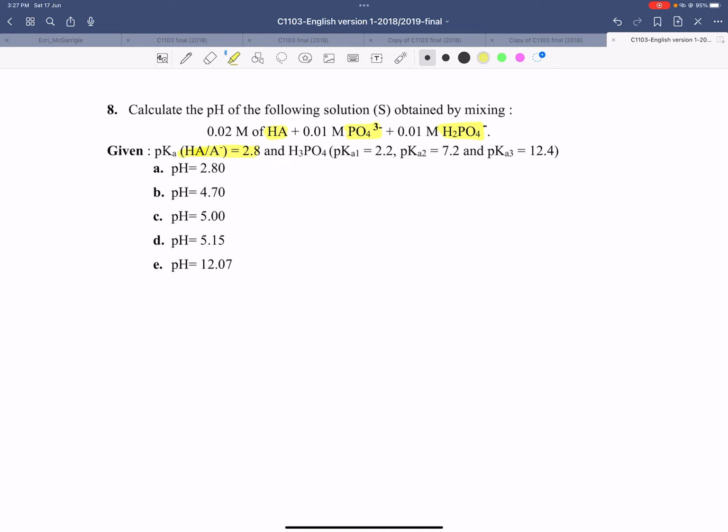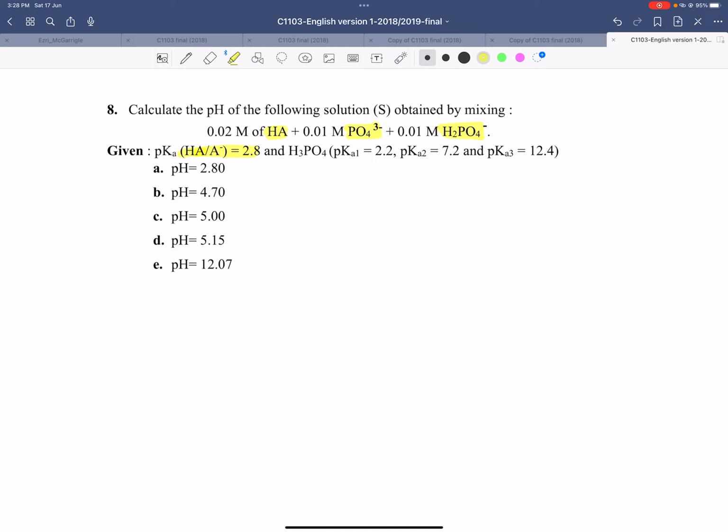Whenever you have something like this, the first thing that you do is just put the pKa scale in front of you because you have to determine which species will react first. In reality, HA is an acid. It can react with the base, which is PO4 3-. H2PO4- has acid properties.